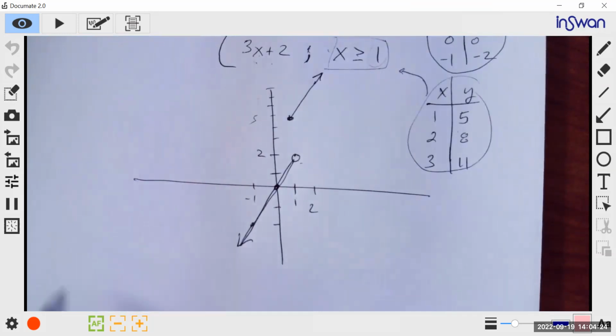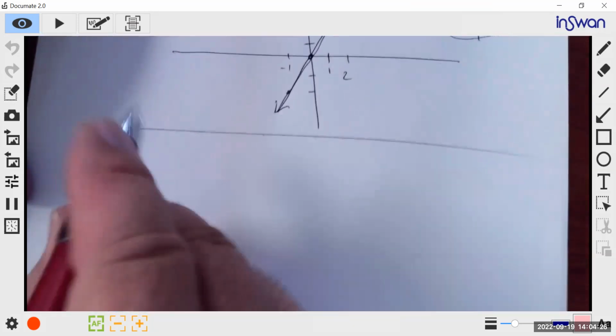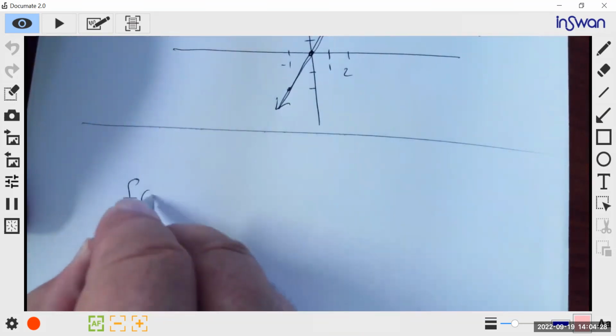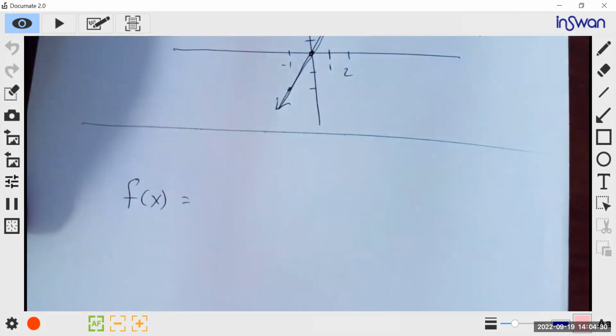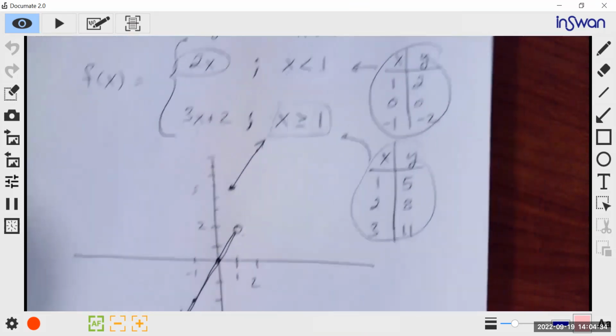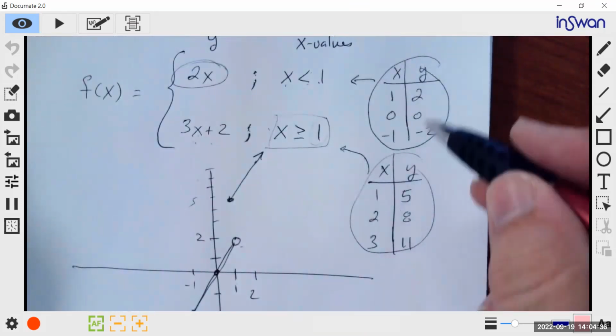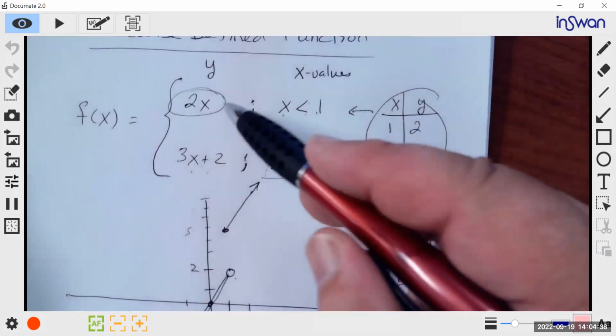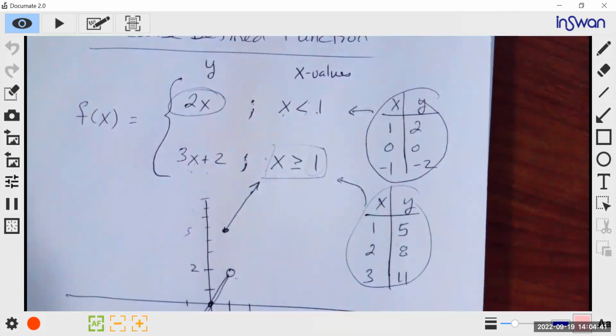Let's try another one, and then we'll call it a day. This one's going to have 3 equations. Plot these points. Once you have these points, since they're both linear equations, connect the dots.